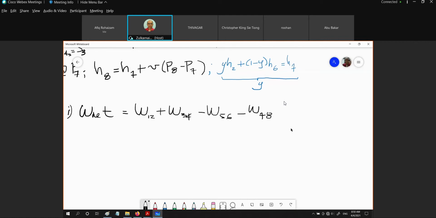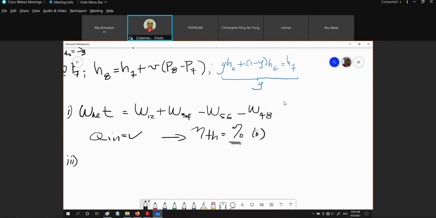We have obtained the Q in before this. Then this will lead us to the thermal efficiency percentage. Then the second parameter, which is our interest.